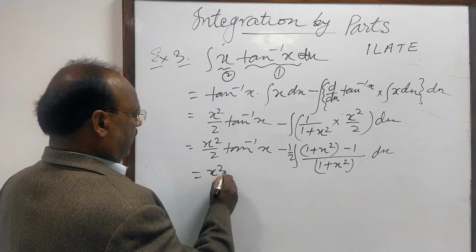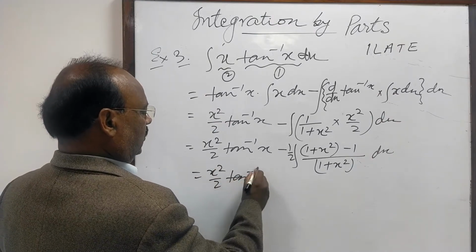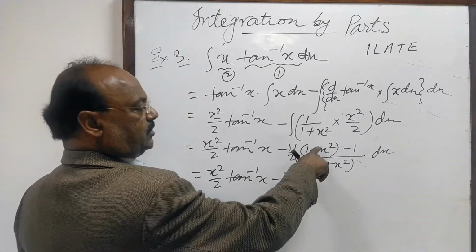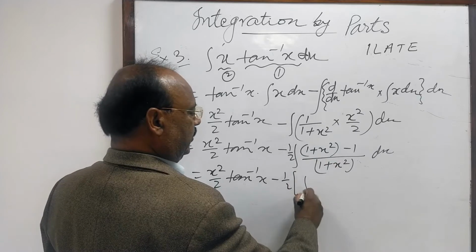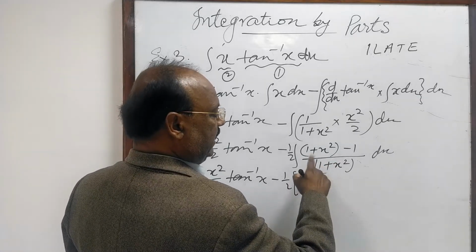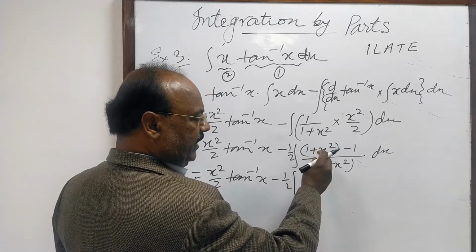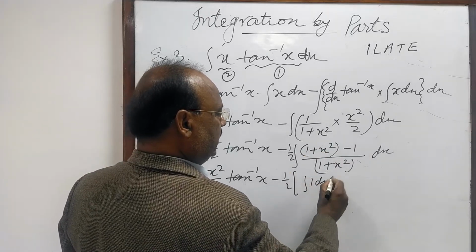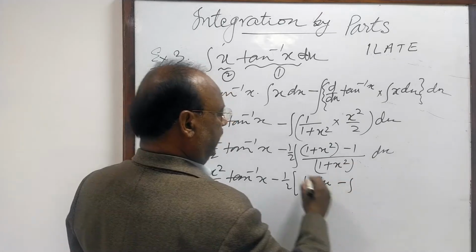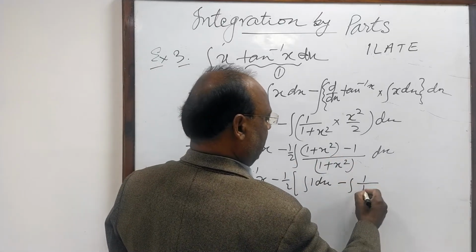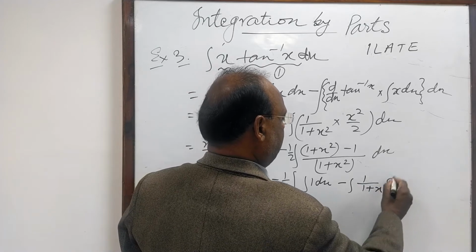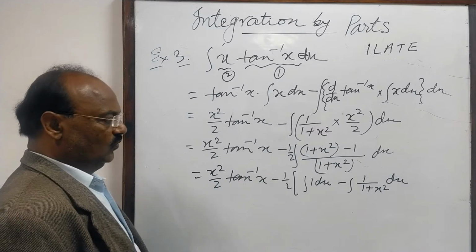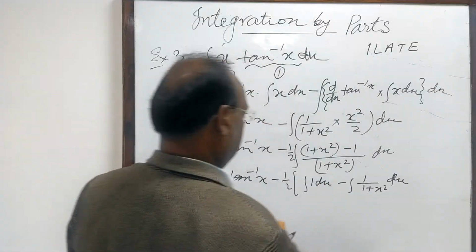This is x square by 2 tan inverse of x minus half. Here in the first term, this will be cancelled out, so 1. So we can write it in the form of integral of two terms: integral of 1 dx and another integral of 1 by 1 plus x square dx. Correct? Now we can get the result very easily.